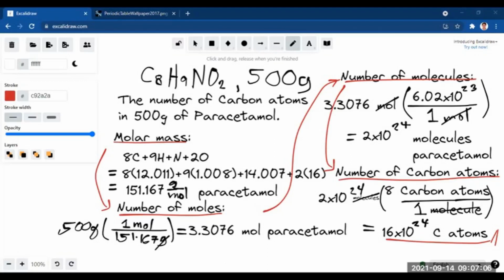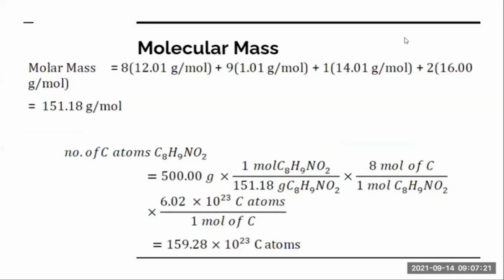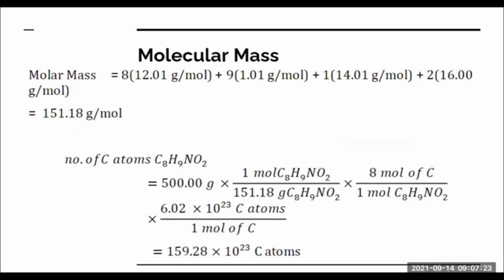Okay, please don't be confused why our answer is different from the answer of the presentation. In the presentation, the answer is 160, but the exponent of 10 is 23, ours is 24.